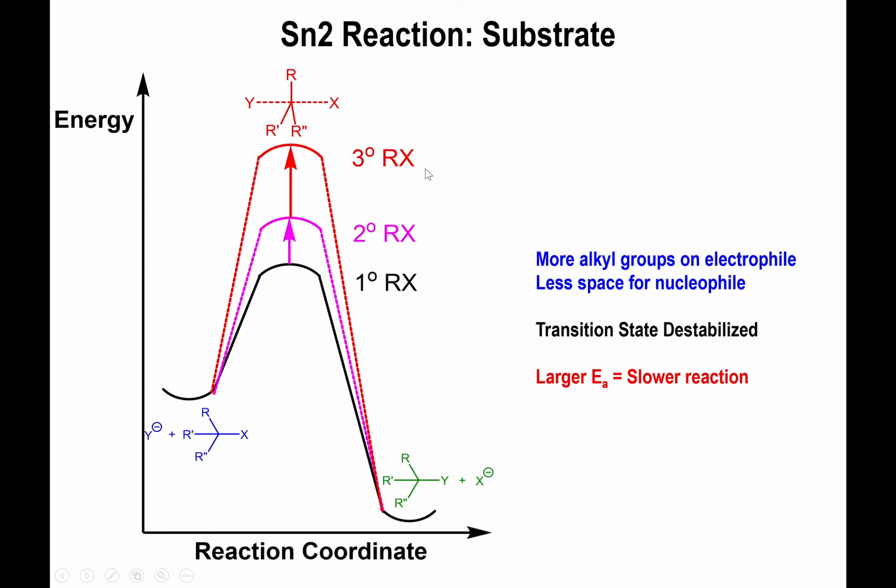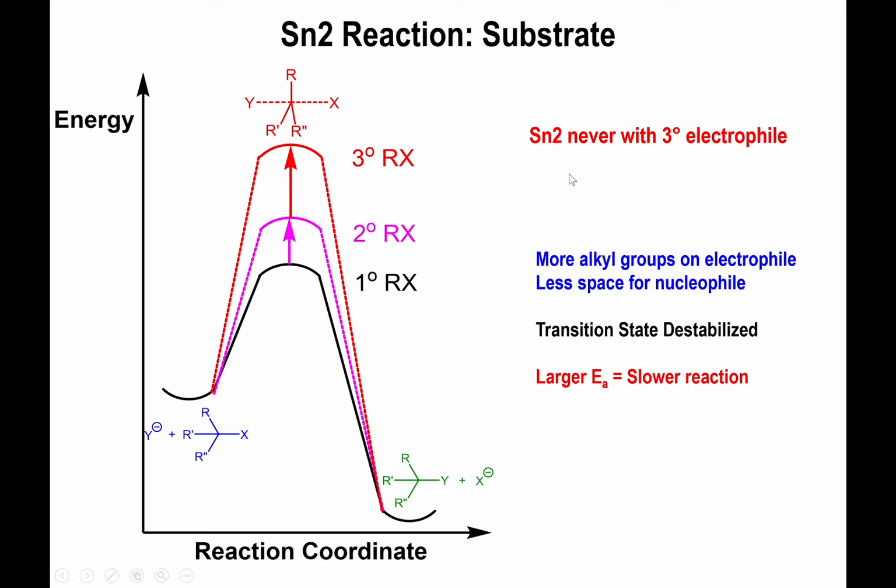By the time you get to the tertiary alkyl halides, you have slowed down the reaction to such an extent that by all intents and purposes, the reaction doesn't happen. And that's what I want you to take away from this particular slide. Sn2s are never going to happen with tertiary electrophiles, no matter how much you try.